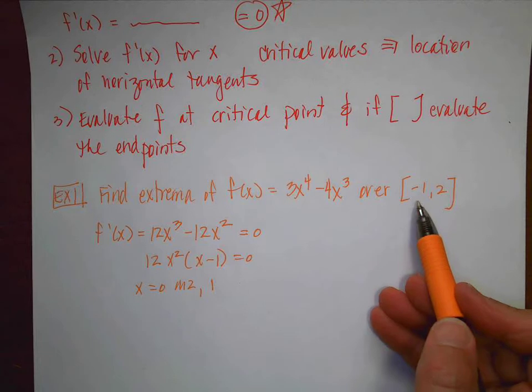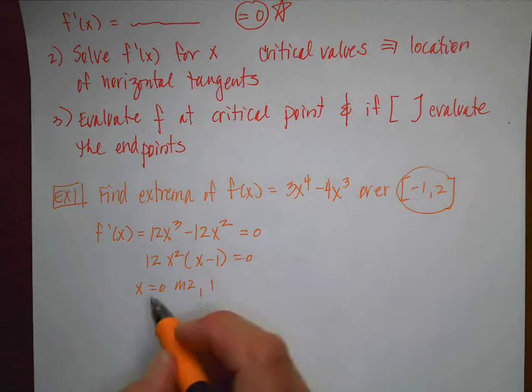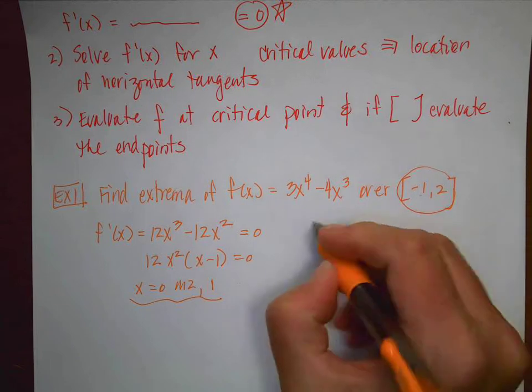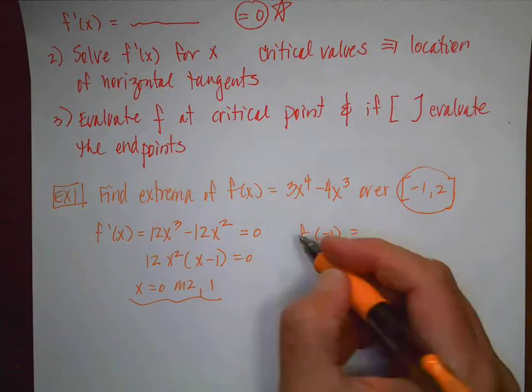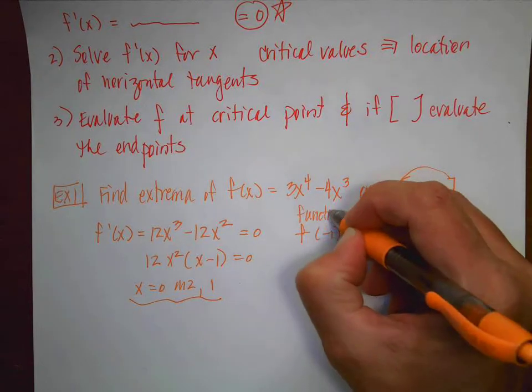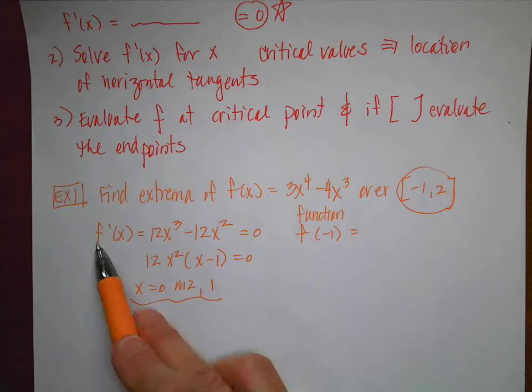So at this point, because it's on a closed interval, I'm just going to evaluate the function at the endpoints and at the critical values. So I'm going to start on the left, f of -1, and I'm going to assume you can do this math. Notice that I'm evaluating the function and not the derivative.